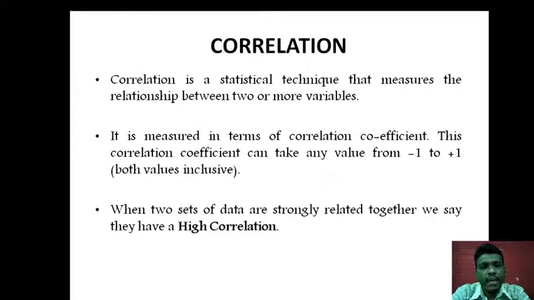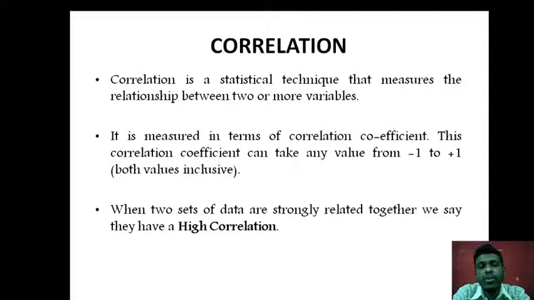Now we know that we have to study the relationship that exists between two or more variables. So how do we do it? We can do it by using a coefficient known as coefficient of correlation. If we are using this coefficient, we can tell the degree to which the two variables are related to each other.